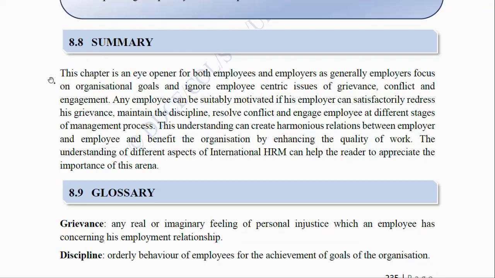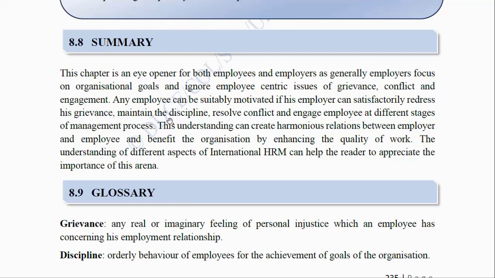8.8 Summary. This lesson provides insights to both employer and employee, as generally, employers focus on organizational goals and ignore employee centric issues like grievance, conflict, and engagement.